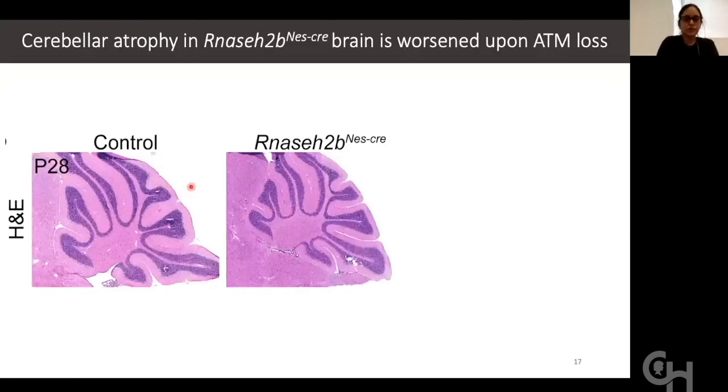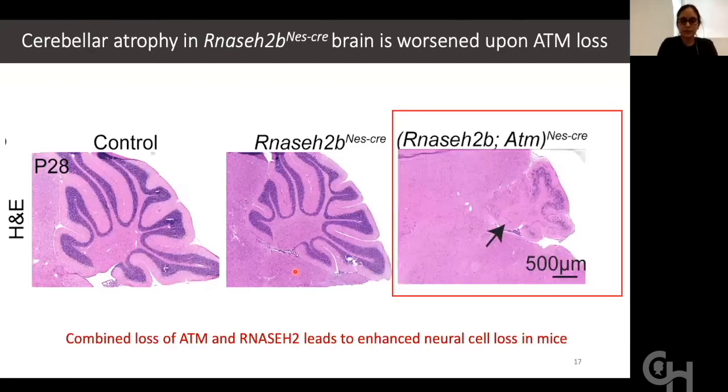Here I'm showing you the cerebellar images from control and RNase nestin Cre mouse brain. Then we looked at the RNase ATM double knockout mouse brain, and we see that the cerebellum is particularly affected, and its size is significantly smaller compared to control or RNase nestin Cre mouse brain.